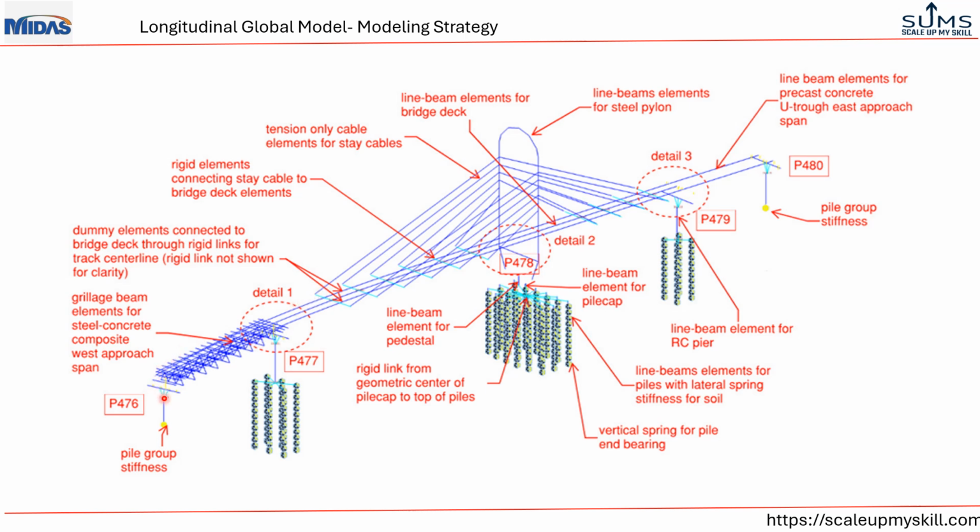And this portion, which is the west approach of the Schonbridge, is modeled as grillage beam elements for the steel concrete composite deck, and the piles are also modeled as line elements with lateral spring stiffness provided at each node, and there is a vertical spring provided at the end of the pile representing the pile end bearing.